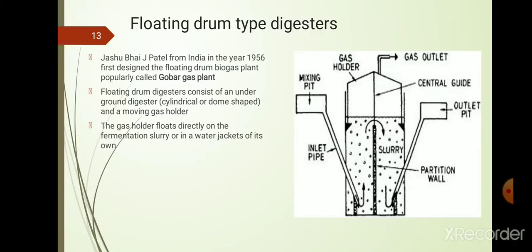In some reactors we have water jackets, like in an engine, where water is filled around this gas holder. So it floats on that water, or in other cases the slurry itself acts as the necessary buoyant force for this gas holder.